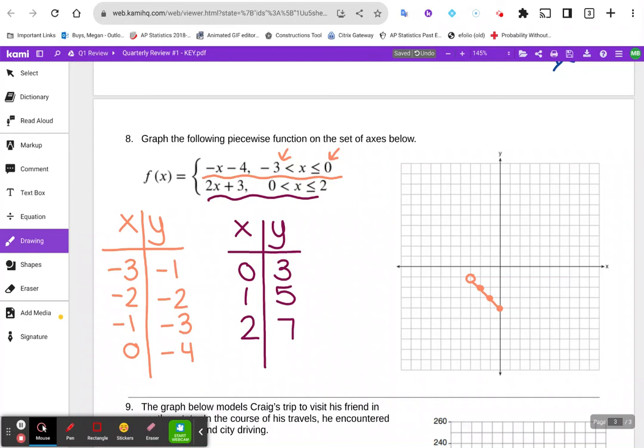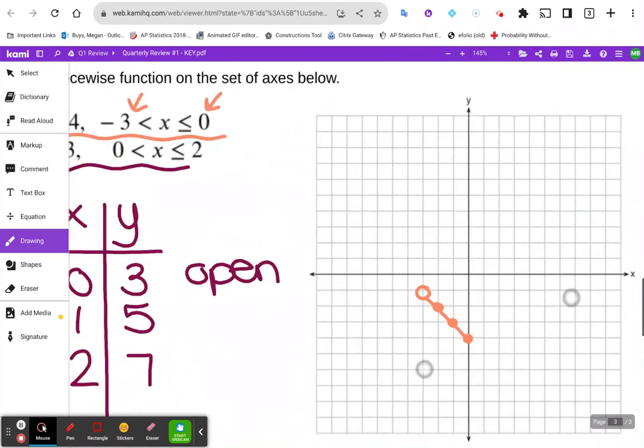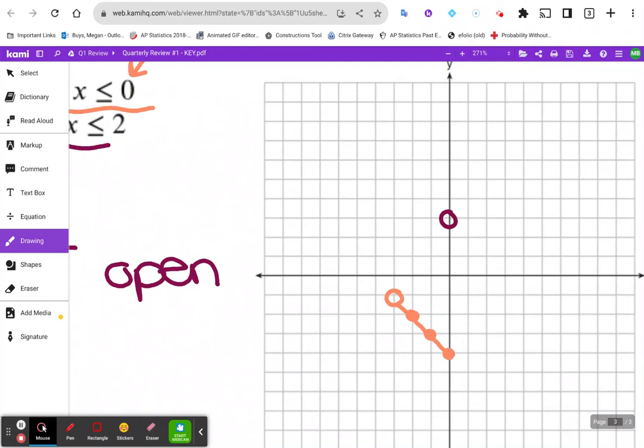Again, at 0, you'll see that 0 less than x. That means 0 is also going to be open. So at 0, 3, we'd have an open circle. Now at 1, 5, it will be closed because it's in the in-between. And at 2, 7, it will be closed because there was a line underneath the inequality.